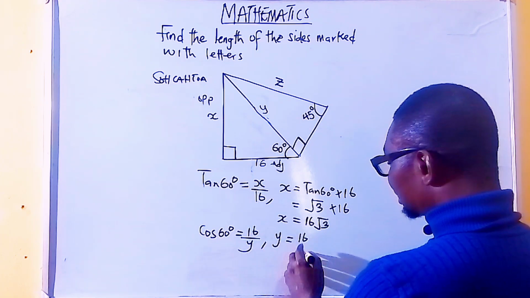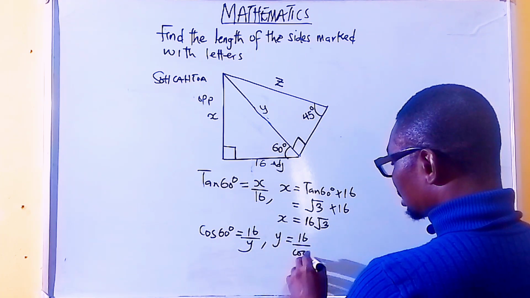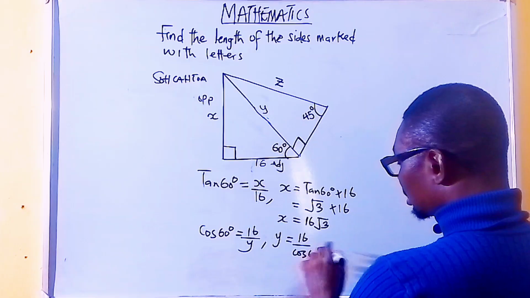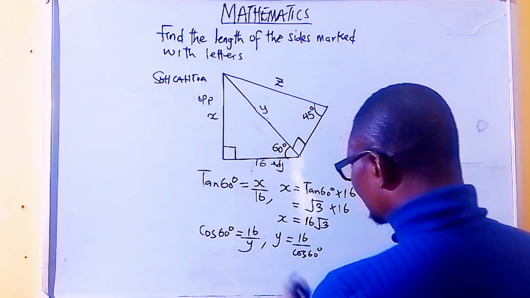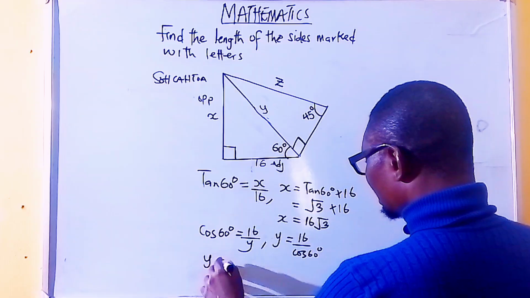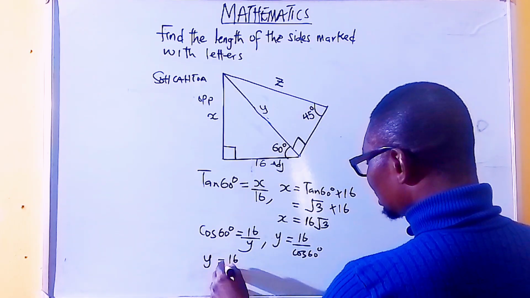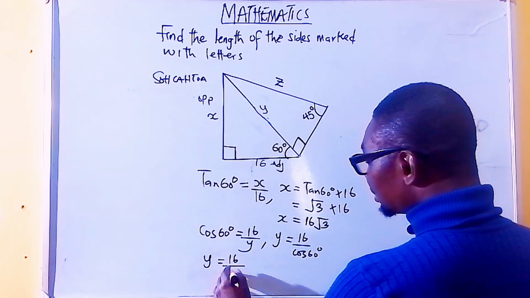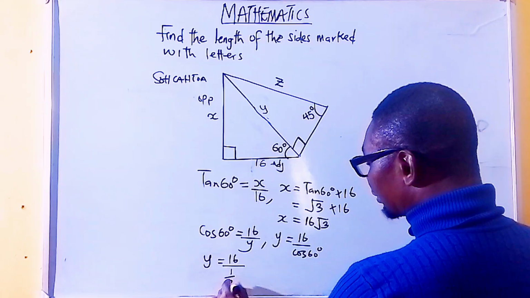Then you invert cos 60. Therefore, y is equal to 16 over cos 60, and cos 60 is the same thing as one half.